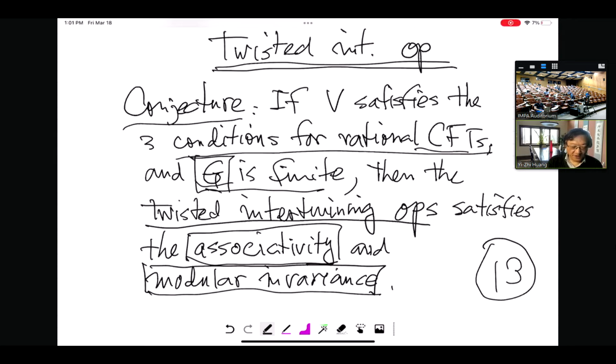Just remember when I derived these differential equations, I had to use these formulas for the product of intertwining operators or the Q-trace. These formulas use identities for vertex operators acting on modules, and these vertex operators acting on modules always contain only integral powers of the variable, so it's very easy to deal with. But for twisted modules, in general the vertex operators also contain non-integral powers and also logarithms.